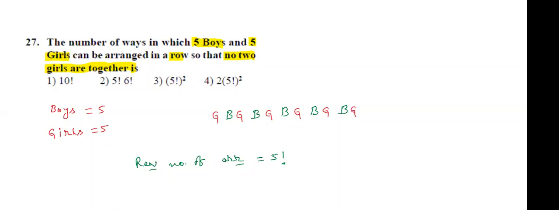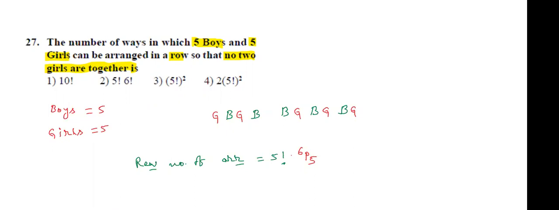There are 6 places. Out of 6 places, arrange the 5 girls. That is 6P5. There are 6 places now. Out of 6 places can be filled with any 5 places.